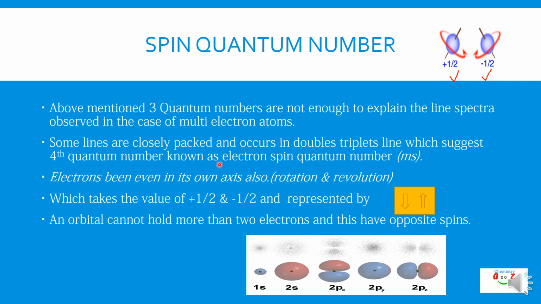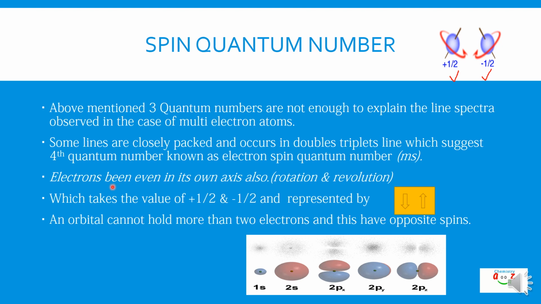So these three quantum numbers are not enough to explain the line spectra observed in the case of multi इलेक्ट्रॉन एटम स्टूडेंट्स. अगर हम हाइड्रोजन या He प्लस की बात ना करें और मल्टी इलेक्ट्रॉन एटम के स्पेक्ट्रा, इमिशन स्पेक्ट्रा देखते हैं तो उसमें डबलेट्स एंड ट्रिपलेट्स लाइन होती है, तो ये यहाँ पर ऊपर मेंशन थ्री क्वांटम नंबर से एक्सप्लेन करना मुश्किल था.